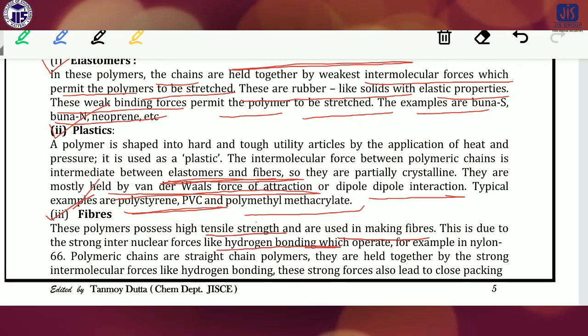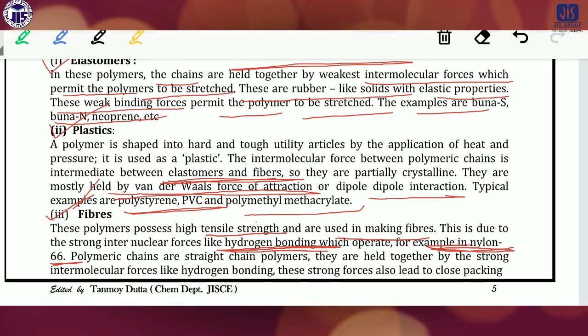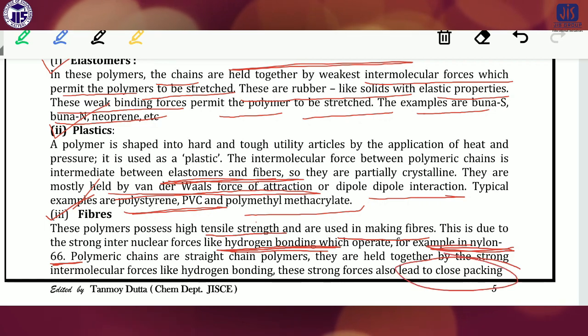Look here, like the previous case, van der Waals force is present as the intermolecular force, but in case of fibers, hydrogen bonding is present which operates in the polymer. For example, in nylon 6,6, there is some kind of hydrogen bonding present, by which the polymer remains closely packed.